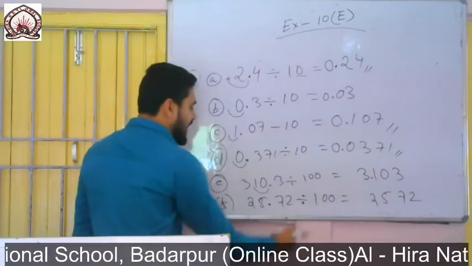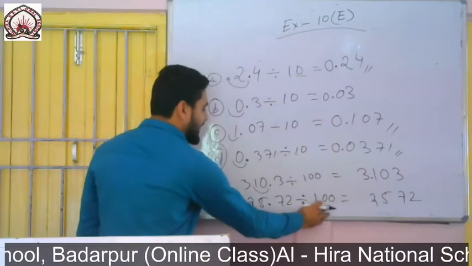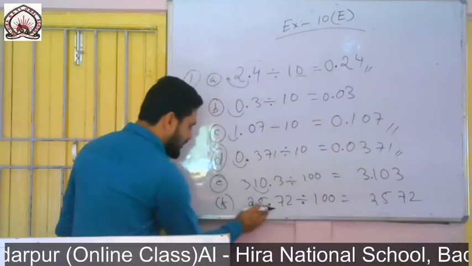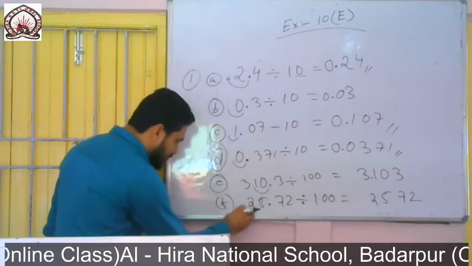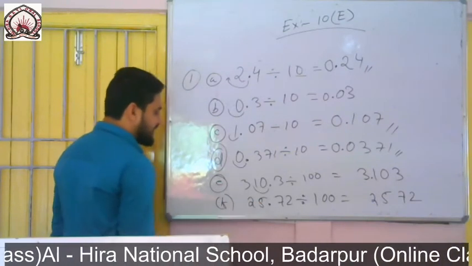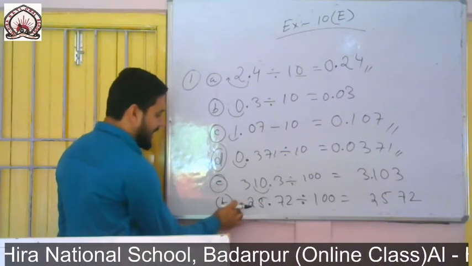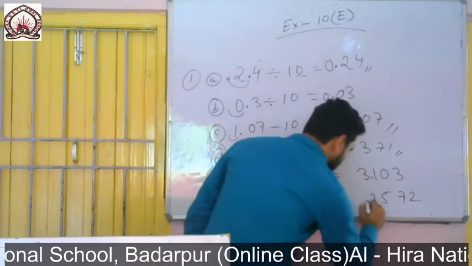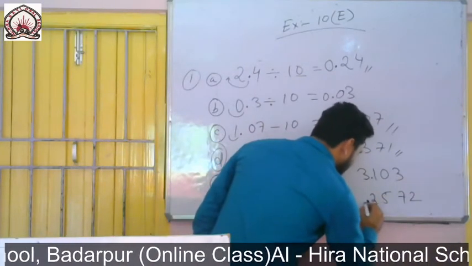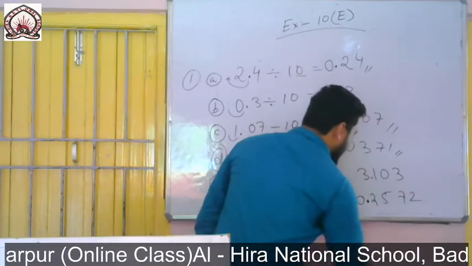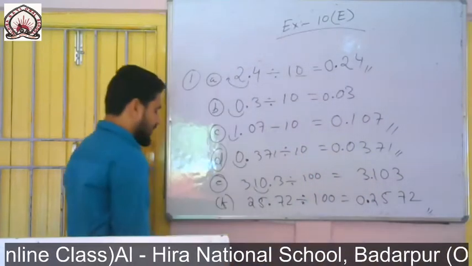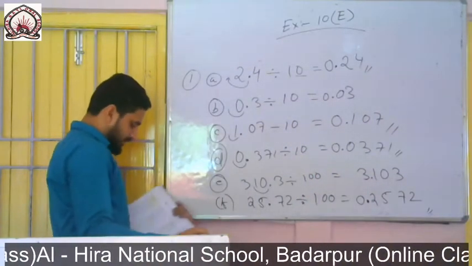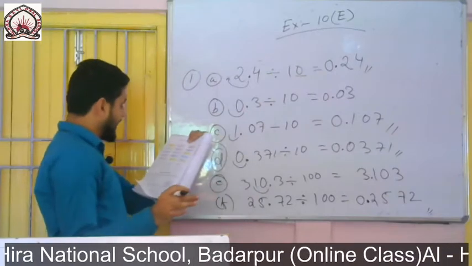After that you see how many zeros are there in the divisor. 2 zeros, so the point will shift 2 places left, so the point will come here, 0 point, like this, 0.2572. Okay, that is the answer. So up to F. Now come to G.